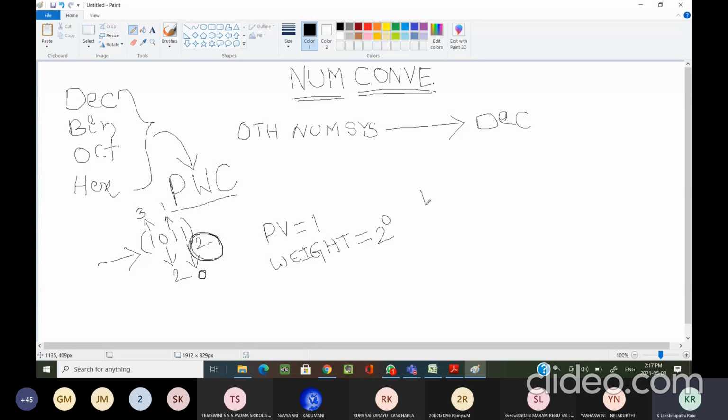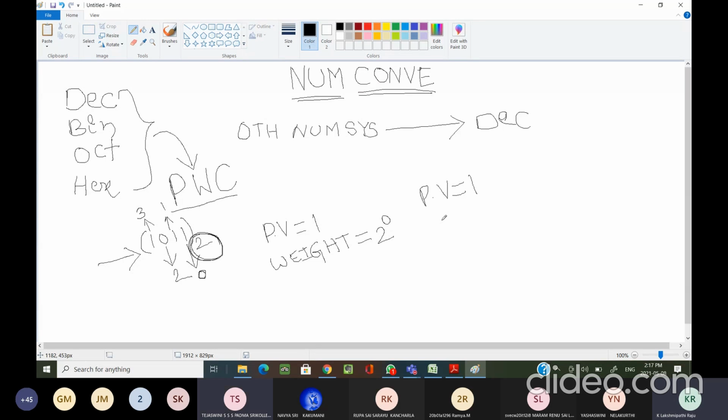What is the positional value of the second bit? The positional value of the second bit is 1 only. Are you understanding? Am I confusing you?